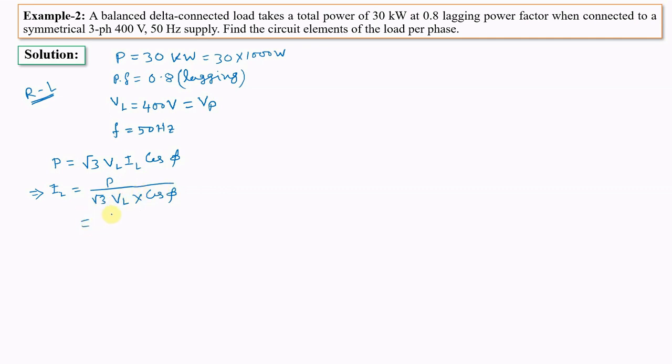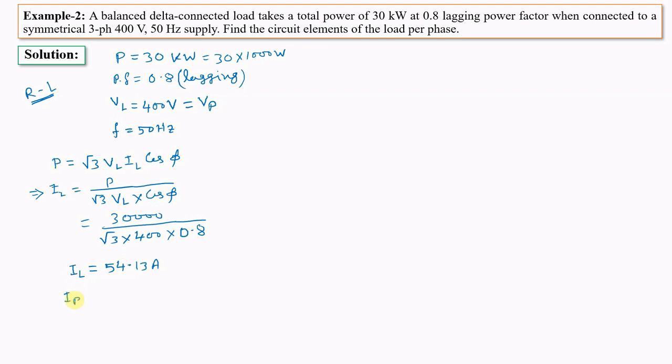Here the P is 30,000 upon root 3 into VL, that is 400, into cos phi, that is the power factor 0.8. So after solving this, we will get the line current as 54.13 ampere. It will be the line current.